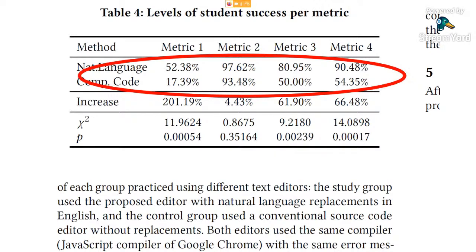But just to give you the outcome of these studies, using different evaluation metrics to understand the change of learning outcome when they use this natural language computer programming, in most of these categories, the metrics have shown that we have a significant increase on the learning outcomes. In some of these metrics, they have even doubled the learning outcome. So the students learn much more and much more efficiently using this type of interactive emoticoding editing.